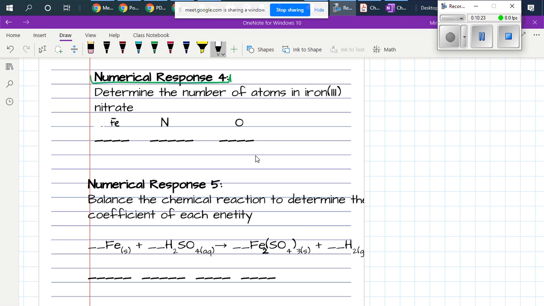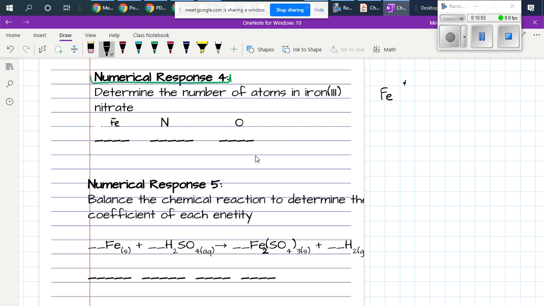As you see here, nitrate not ending with -ide means that it is a polyatomic ion. Now, iron is a multivalent element, has a valence of 2 and a valence of 3. So in this case it is a valence of 2. Oh, sorry, a valence of 3. It's a valence of 3.